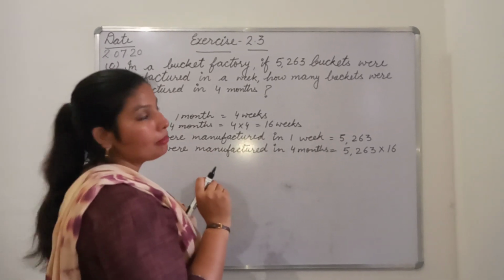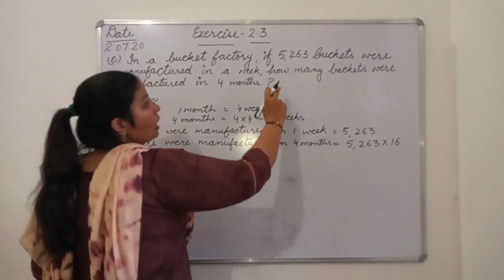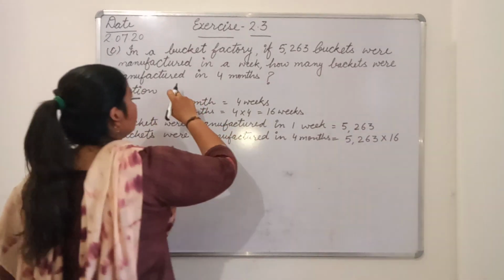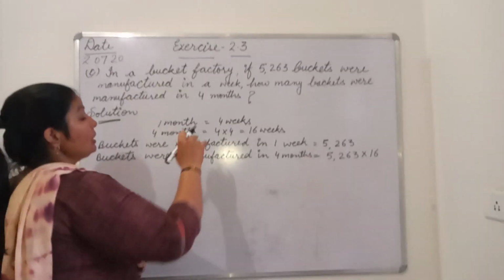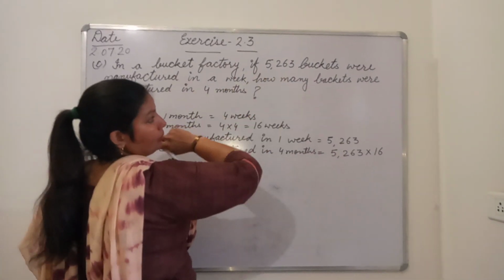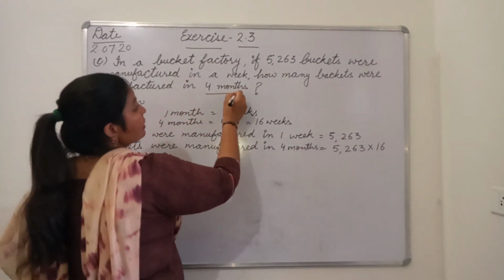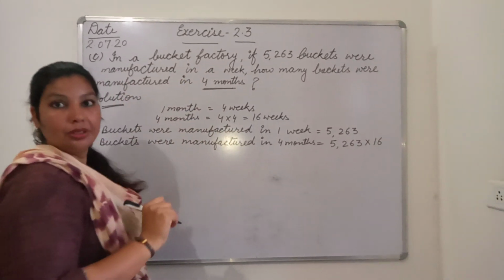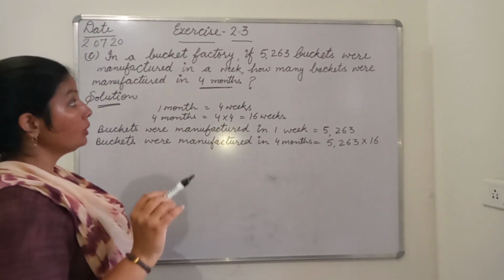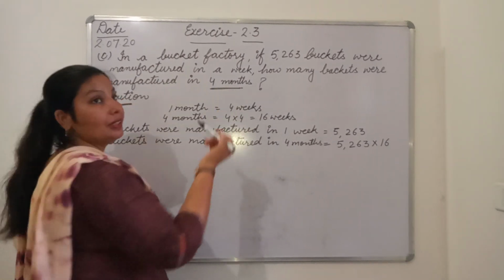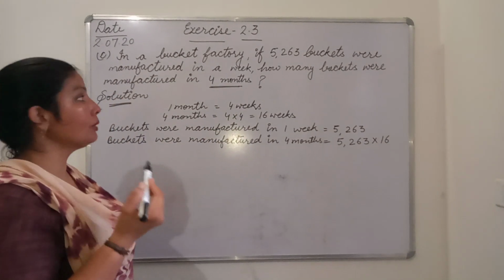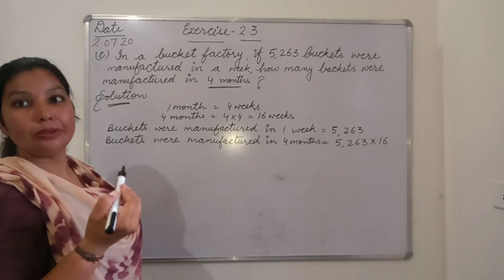Then how many buckets were manufactured in 4 months? Here it is given how many were manufactured in 1 week, and now it is asking for 4 months. But we don't know directly, because week is given, so how can we find out the month? First of all we should convert months into weeks.